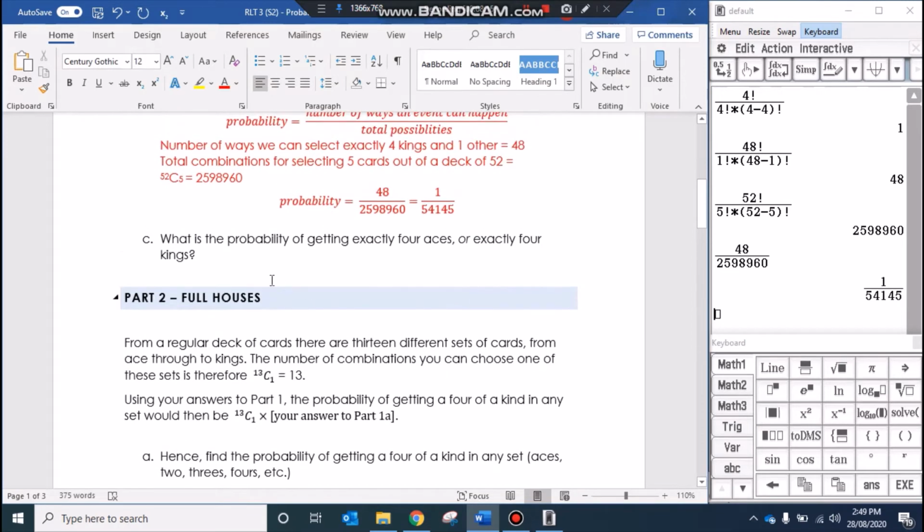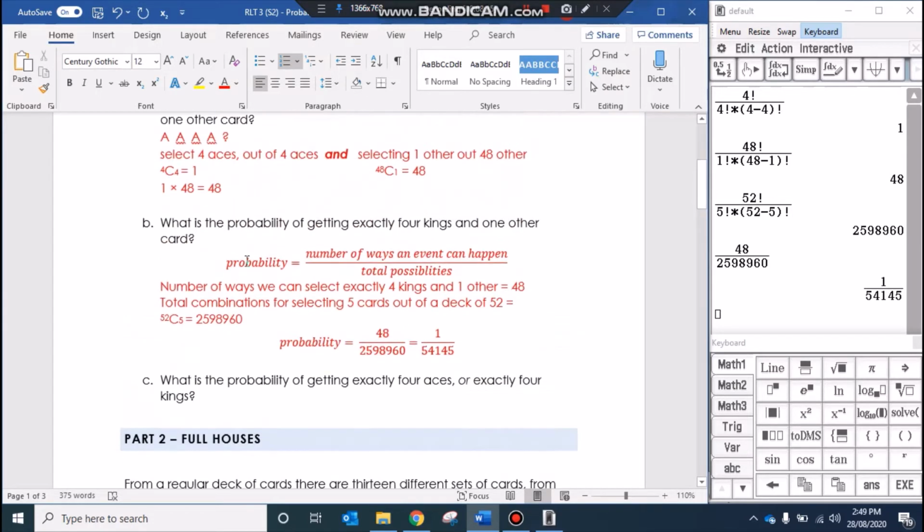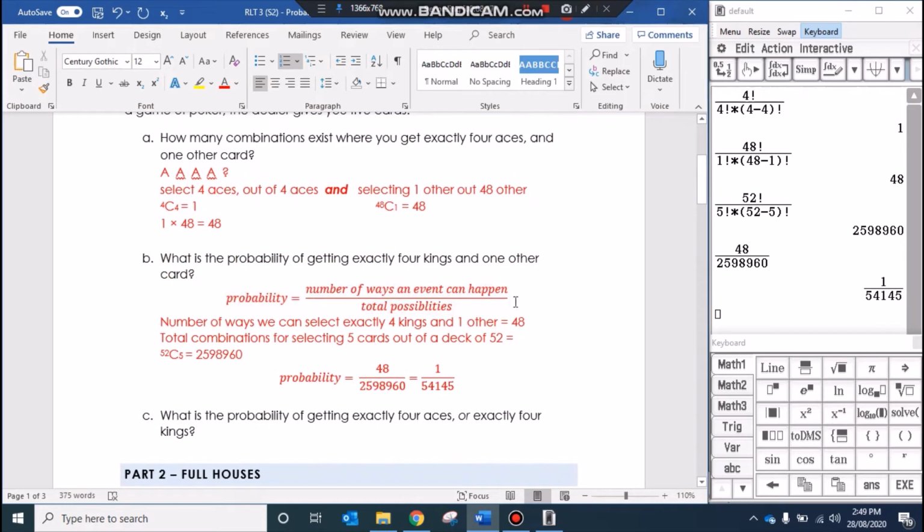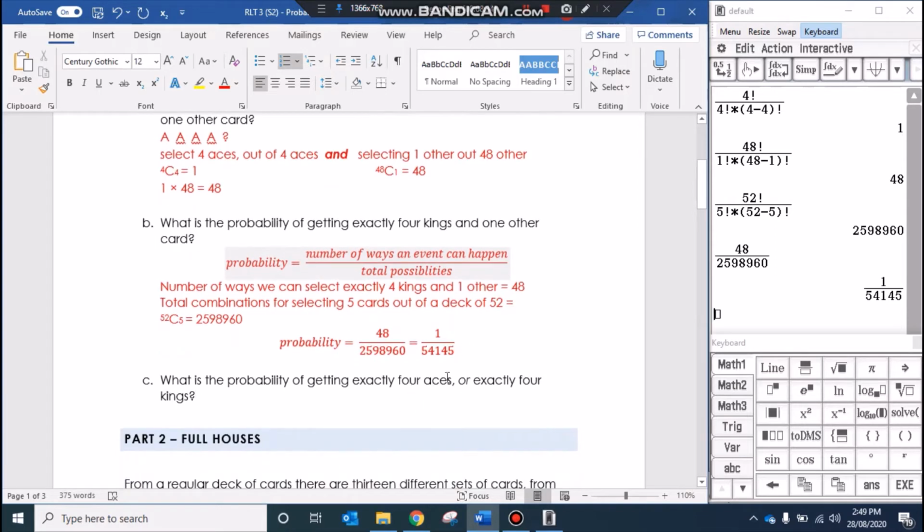Question C asks, what is the probability of getting exactly 4 aces or exactly 4 kings? So again, we're looking at probability: the number of ways the event can happen divided by the total possibilities. This should be stated actually, getting exactly 4 aces and one other card.